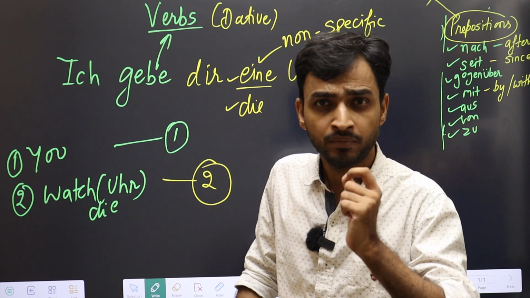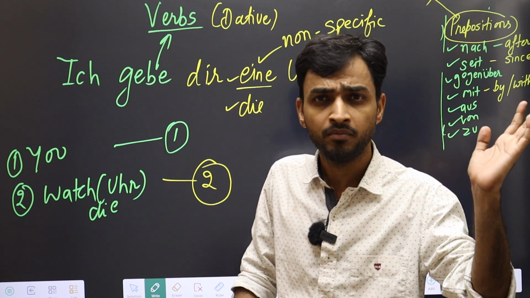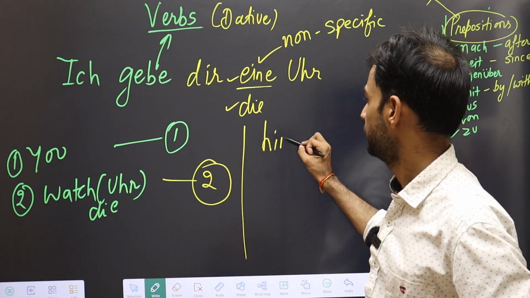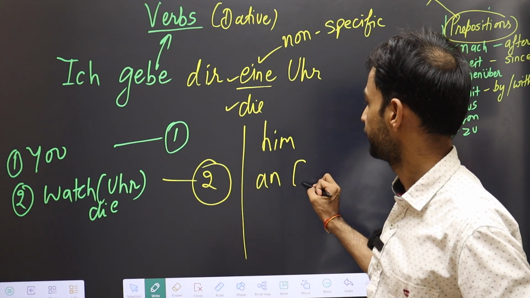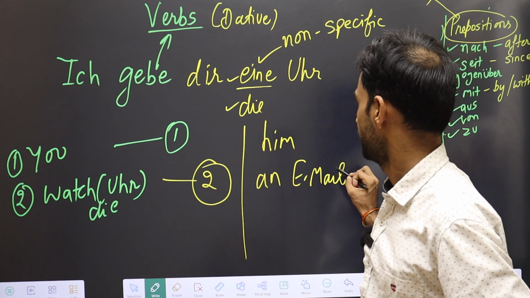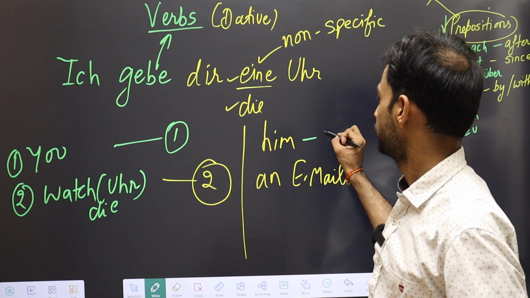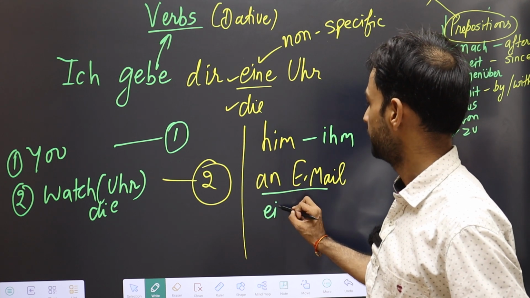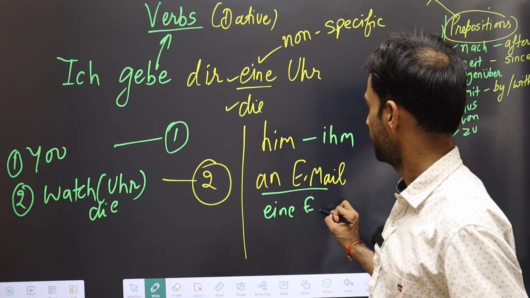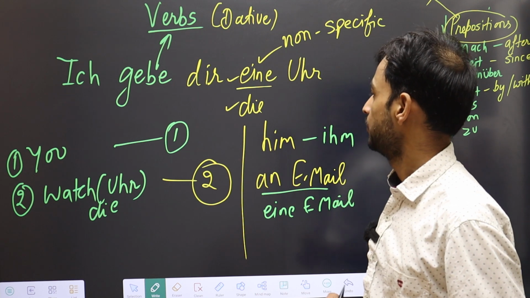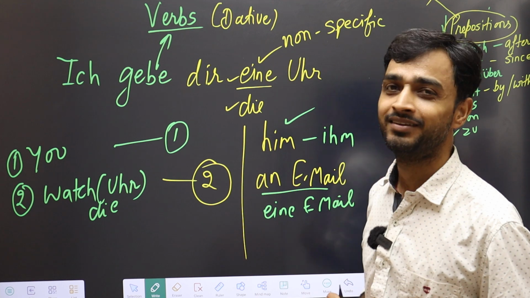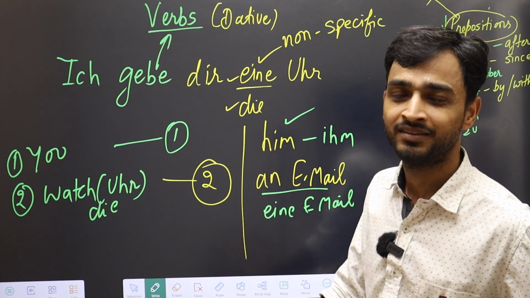I write you a mail. I can say I write him an email. Here him is my dative, so I will write ihm, and this is accusative, eine E-Mail. So: ich schreibe ihm eine E-Mail. I write him an email.